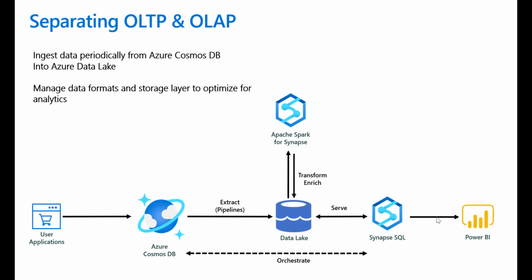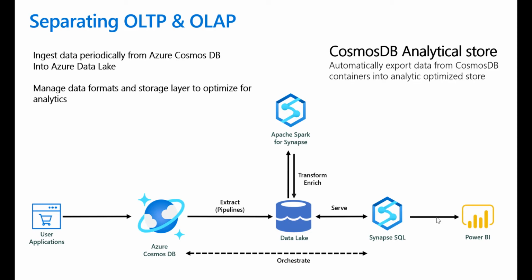The challenge in this solution is how to orchestrate it. Customers need to export data and ensure that data is always up to date on Data Lake storage, and also ensure that the format of data in Data Lake is optimized for analytics. Cosmos DB Analytical Store is introduced to solve this problem.